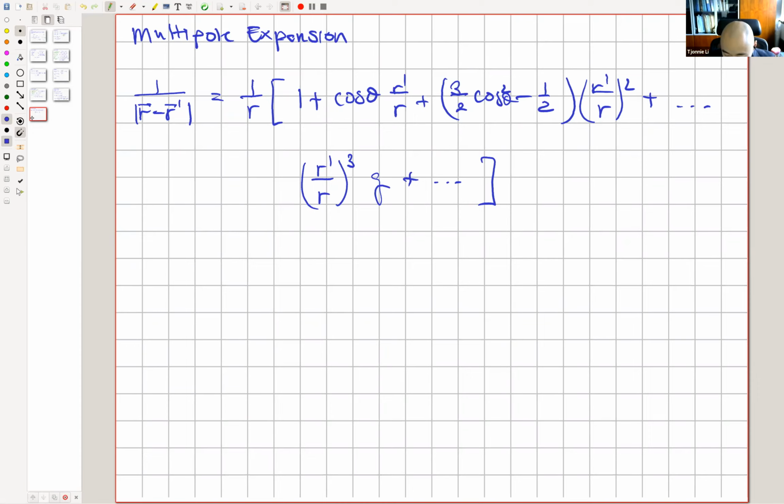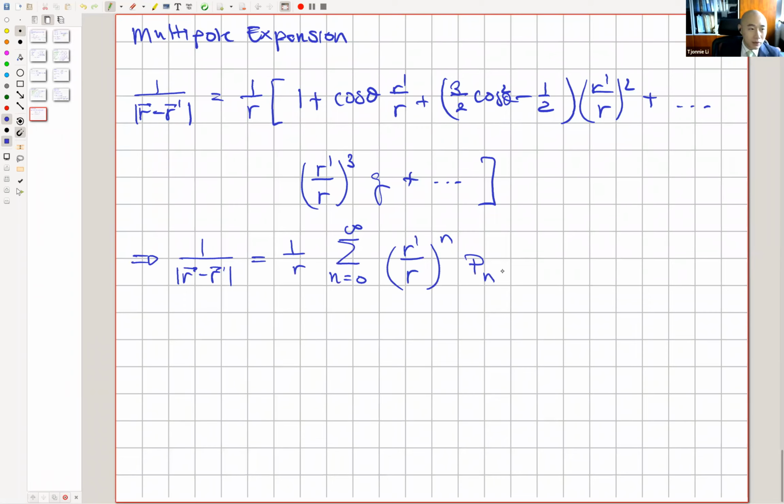And so what we end up seeing, and this is something that we can take a break after, is that we want to expand this, and I'll write this in a more or less systematic way as a series, r prime over r to the power n, and then some function, which I'm just going to label with n.